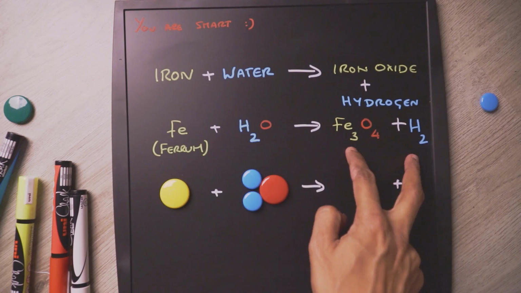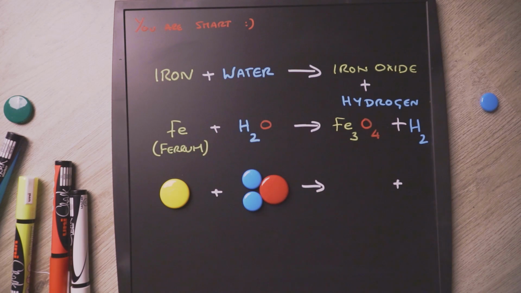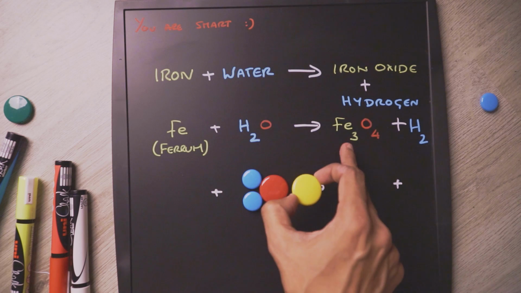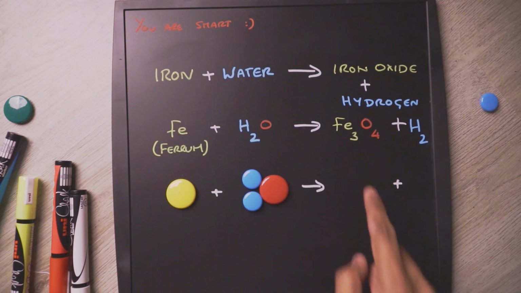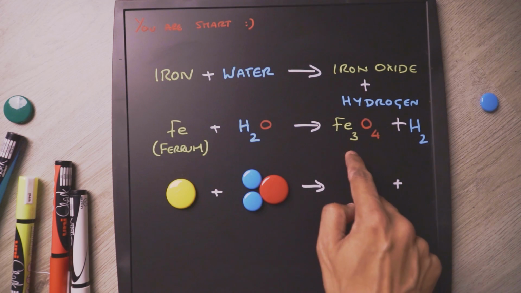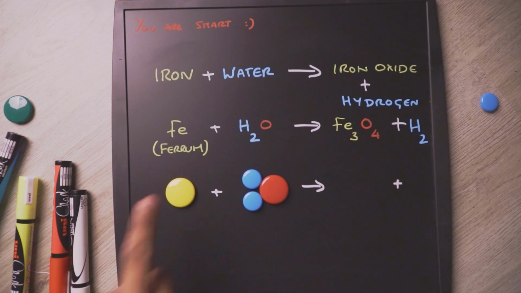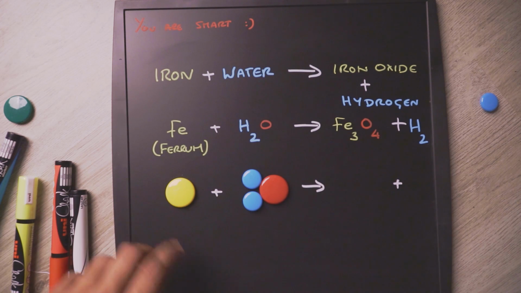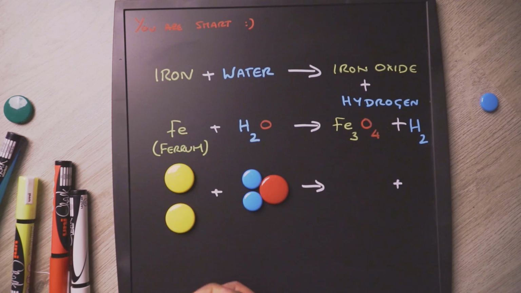For the law of conservation of mass, everything on the right hand side should come from whatever is there on the left hand side. On the right hand side, it is asking me for Fe3. 3 Fe's are required. Where do I get these 3 Fe's from? I only have 1. So, in order for me to be able to have 3 Fe's, I need to have 3 Fe's on the left hand side.